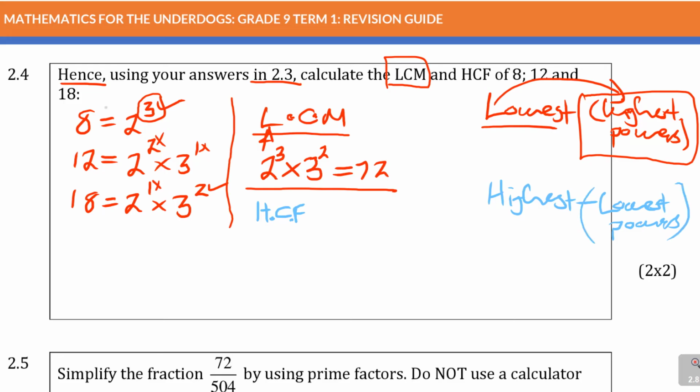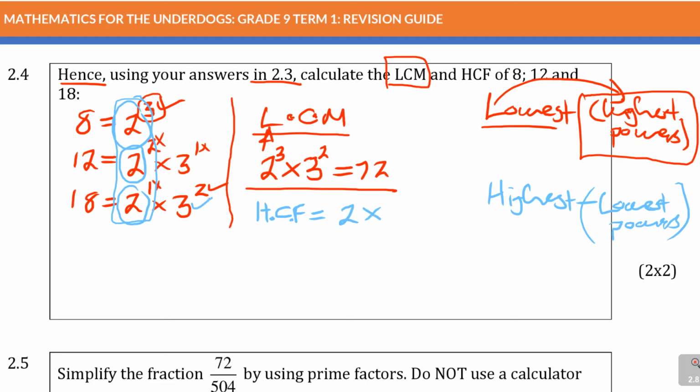But what do you do with the highest common factor? You now look at the word common. You ask yourself, which number is appearing in all these three numbers? You can see that I have got 2 appearing in the first one, 2 is appearing in the second one, and 2 is appearing in the third one. So you can see that 2 is common here. So I'll say equal to 2 times, is there any other number that is appearing?